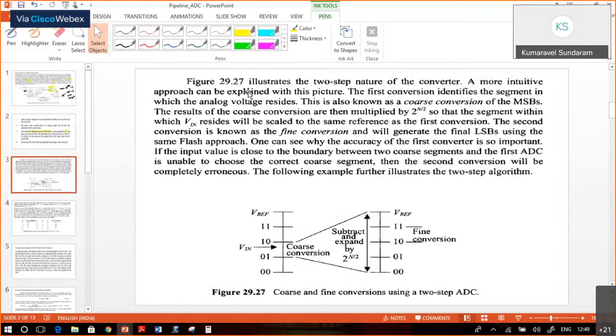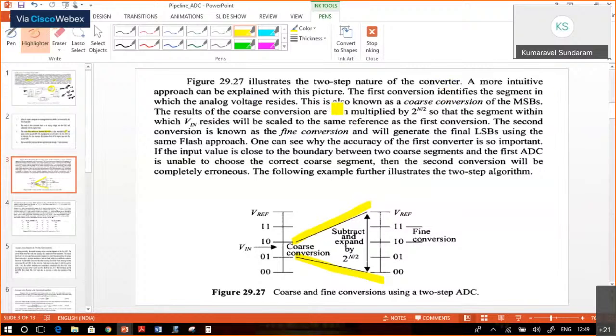If you see an example from 0 to Vref, you are giving the input voltage. This will be converted first: the input lies in a particular segment, and this part alone will be converted again. So the first conversion identifies the segment in which the analog voltage resides.